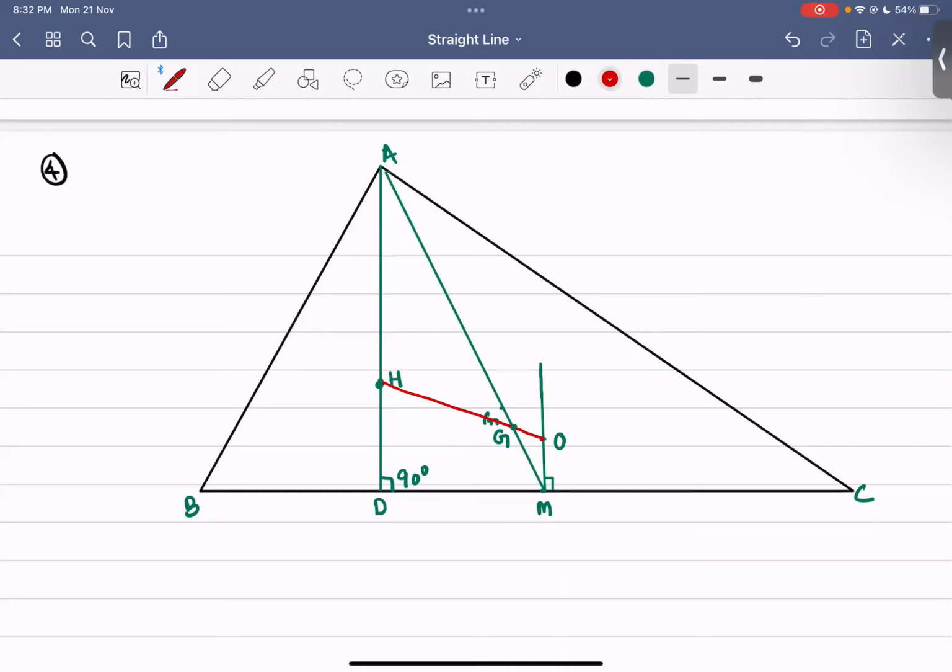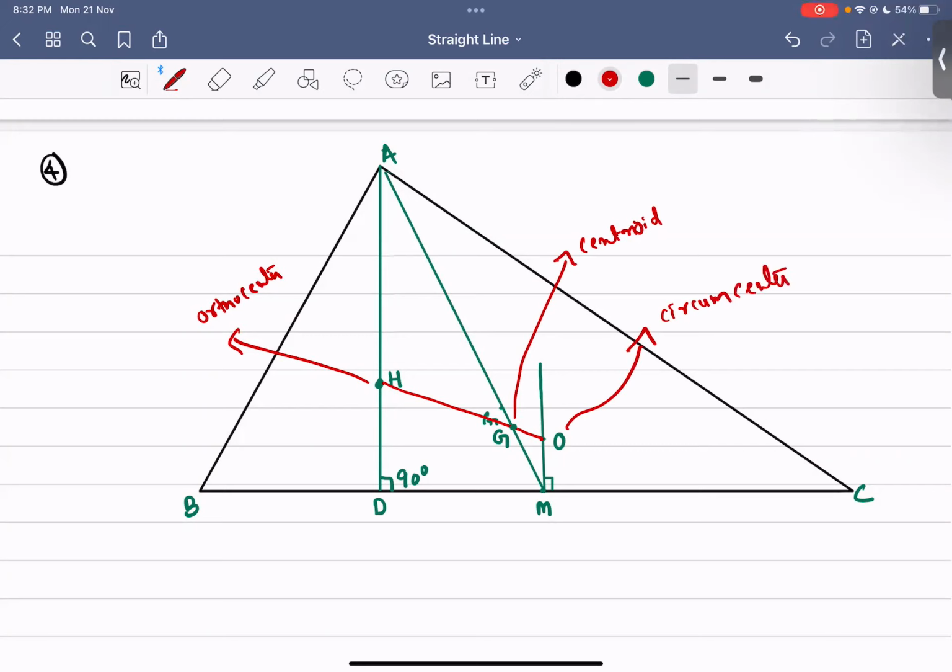This is orthocenter. This is centroid. This is circumcenter. So M is what? Midpoint of BC. Because AD is a median, that's why M is the midpoint of BC.